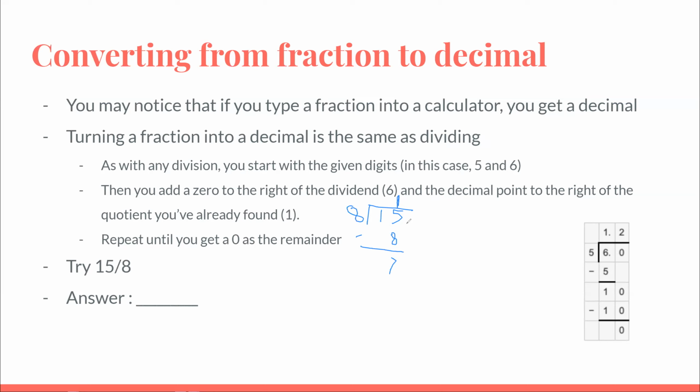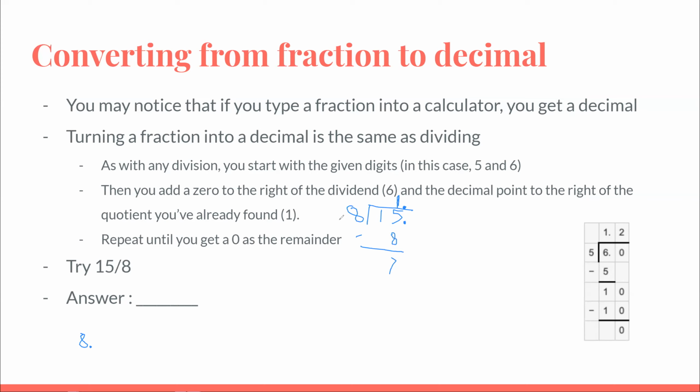Now the special thing you can do here is that with any whole number, there's always an imaginary decimal point right there. So in this case, there's technically a decimal point next to that 15. So you put a decimal point in the same line in the answer as well, as you can see right here.